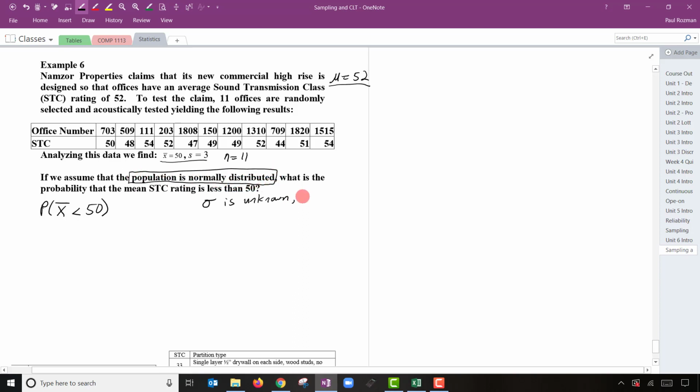That's good to know. N is small. Like we were really lazy. We only went to 11 offices. It's under 30. So we would be in trouble. This is the case that we might not know how to do if they hadn't told us that the population is normal.